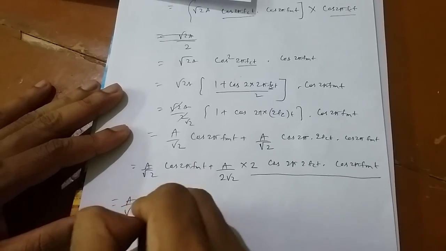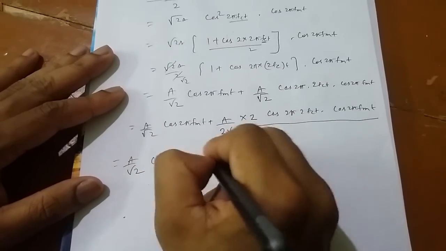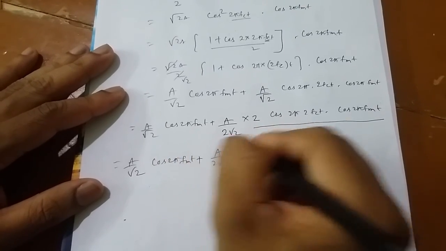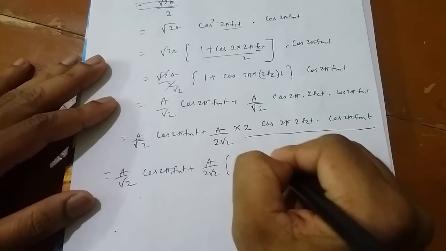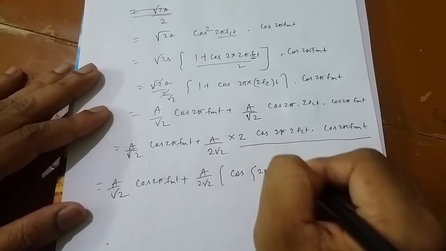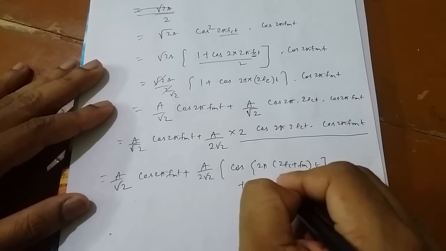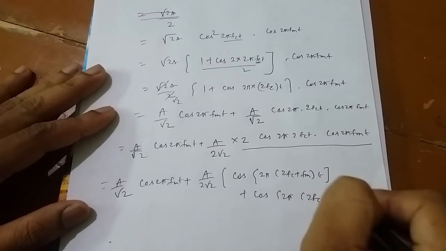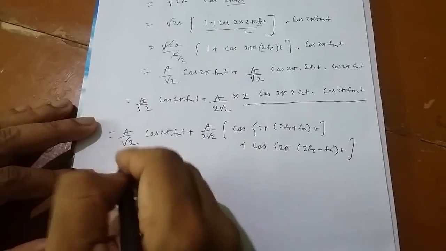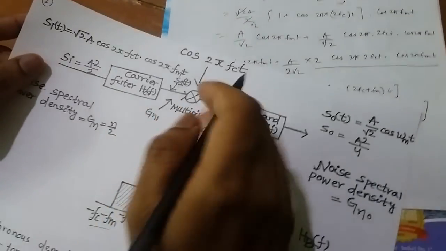This is a by root 2 cos 2 pi fmt plus a by 2 root 2 times 2 cos alpha into cos beta, which is cos alpha plus beta, 2 pi into 2 fc plus fmt, plus cos 2 pi 2 fc minus fmt. So now this is the S2 of t.